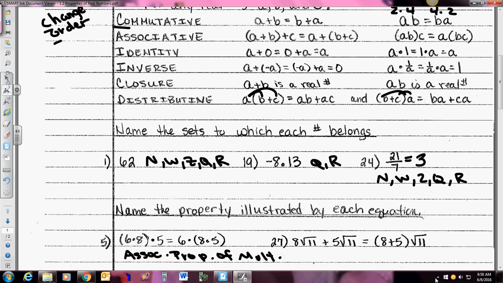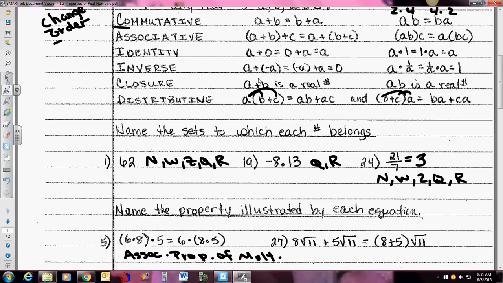All right, 27. 8 square root of 11 plus 5 square root of 11 equals 8 plus 5 in parentheses square root of 11. Let's go ahead and say what it isn't. Let's kind of just process of elimination here. Is this commutative property? It doesn't look like that to me, right? Is it associative? No, because we didn't have parentheses on both sides.